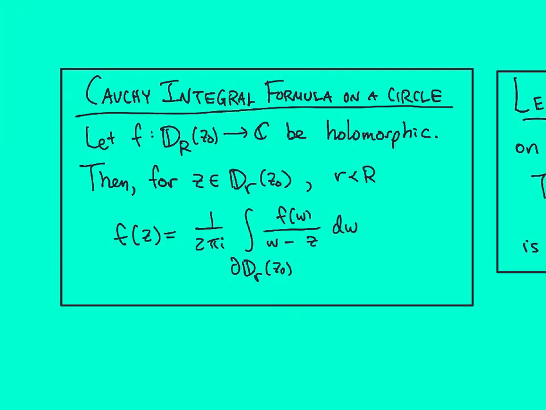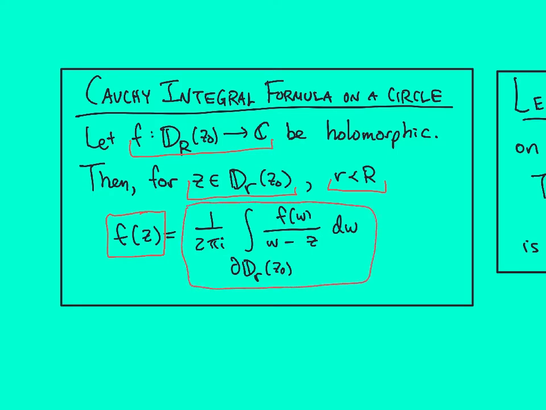Here is the Cauchy integral formula on a circle. So we start with a holomorphic function on the circle of radius R centered at z0. And for any little r less than big R, we need to move in a little bit. For any z in the disk of radius r centered at z0, we can compute the value of f at z using a complex line integral.